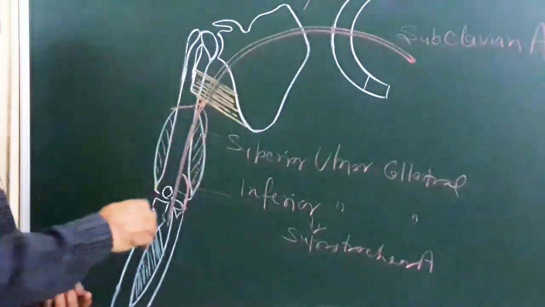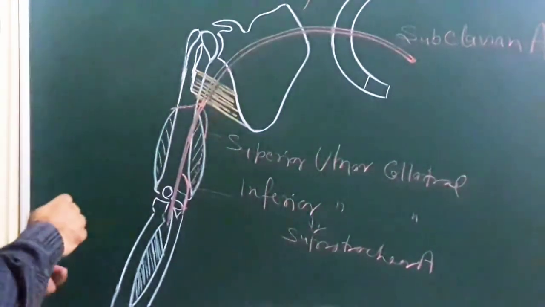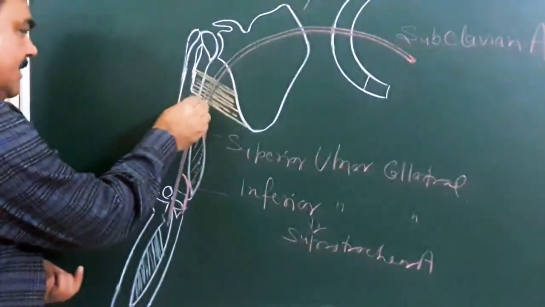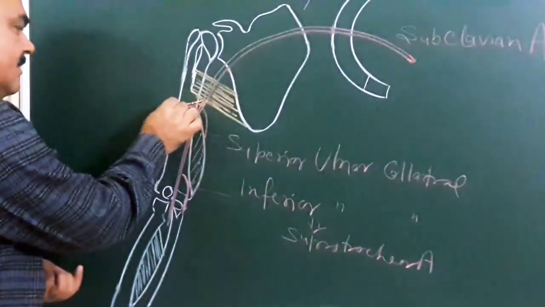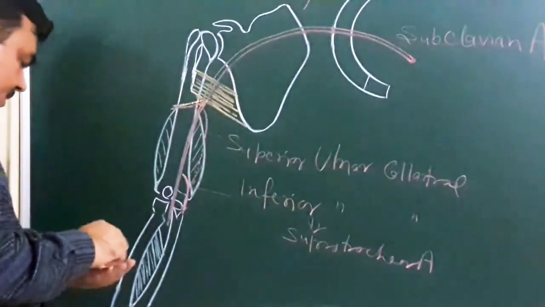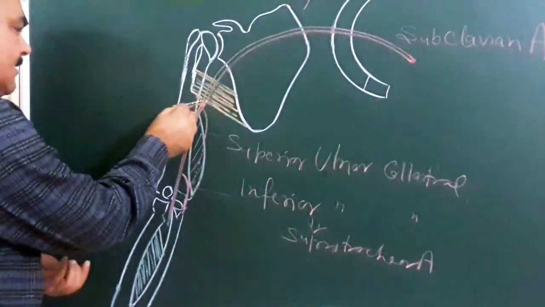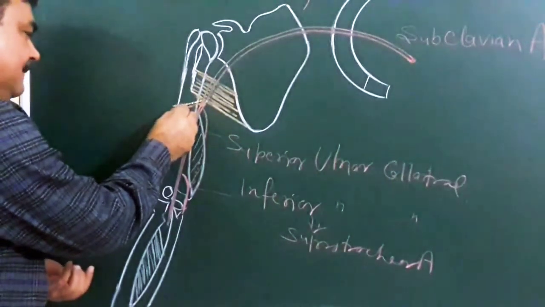This is the radial groove, which is situated on the posterior aspect of the humerus. It passes along with the radial nerve. Here is the radial nerve in the radial groove, and on the lateral side this artery gives a branch.